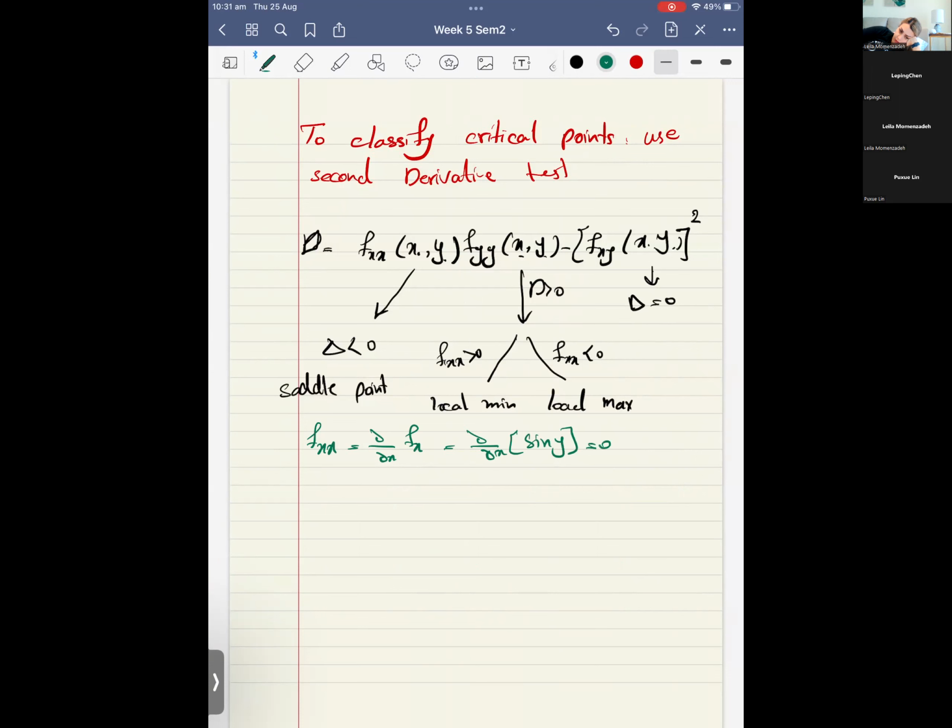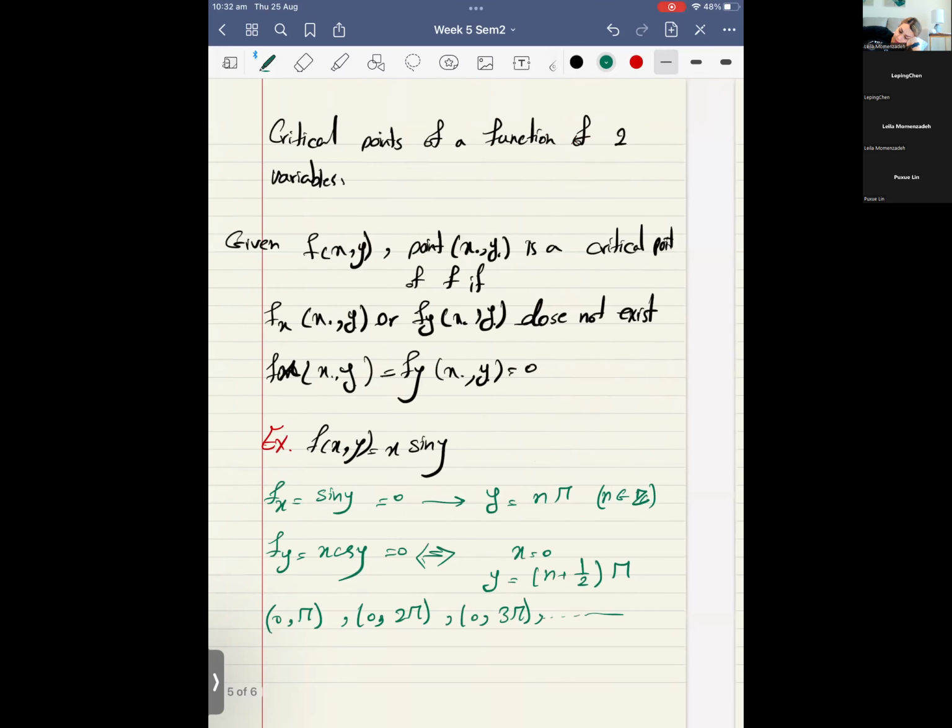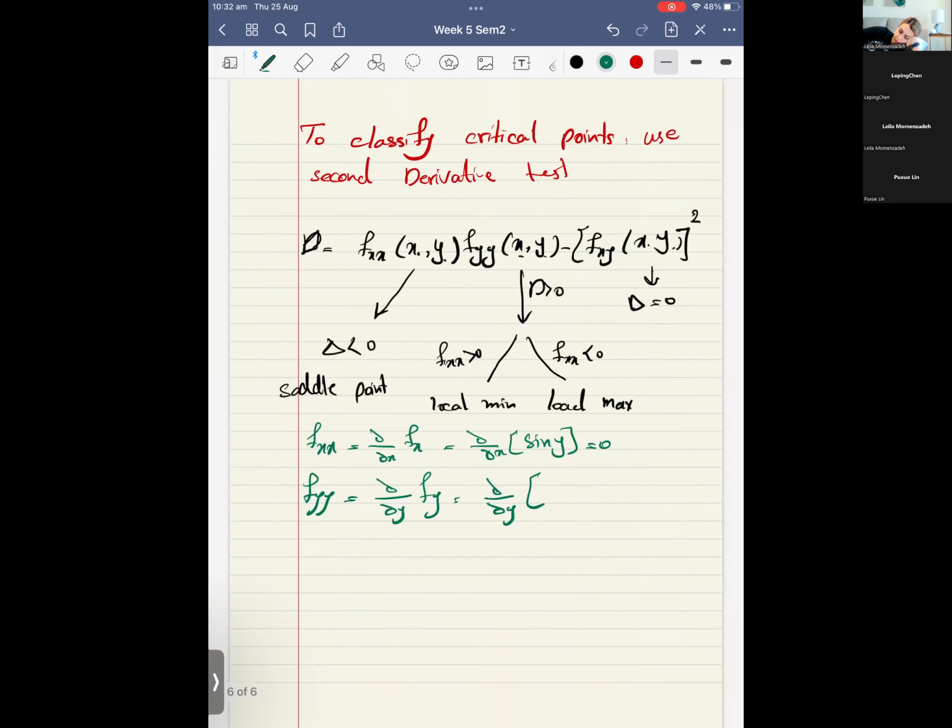Then we put this one equal to 0. Then fyy would be the derivative with respect to y of fy, and fy would be x cosine y. Then I put this one equal to 0 as well.